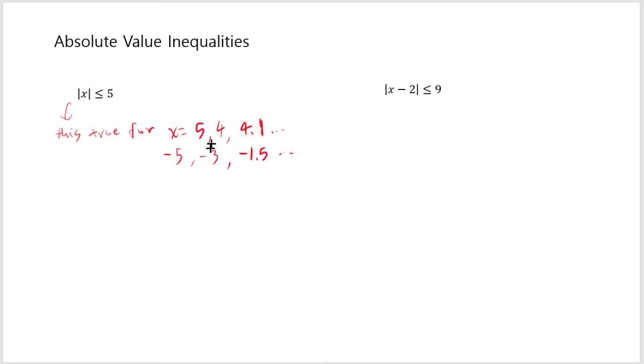So you have both positives and negatives, but this is not true for -6, right? -6 absolute value is what? That's +6, and +6 is actually bigger than 5. So it's not true for x equals -6. Okay.